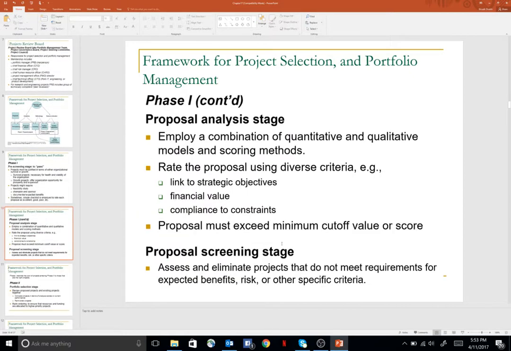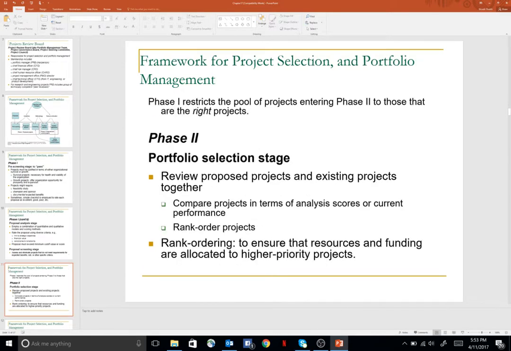And then moving on, we have our proposal stage. We analyze the proposal as submitted. We incorporate different metrics and scoring methods for these various projects. And we'll dive into that a little bit more here shortly. And then we get into the actual portfolio selection.